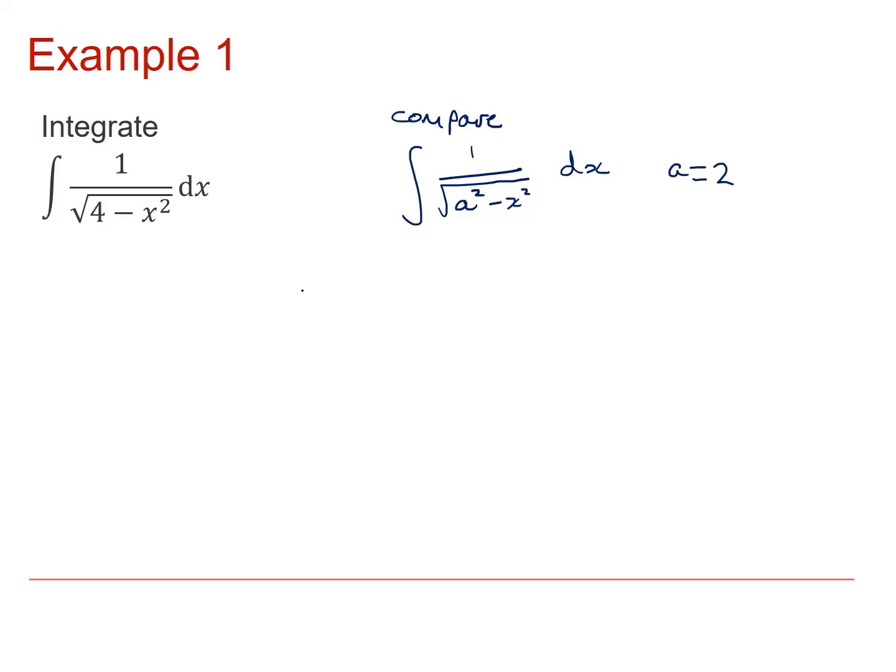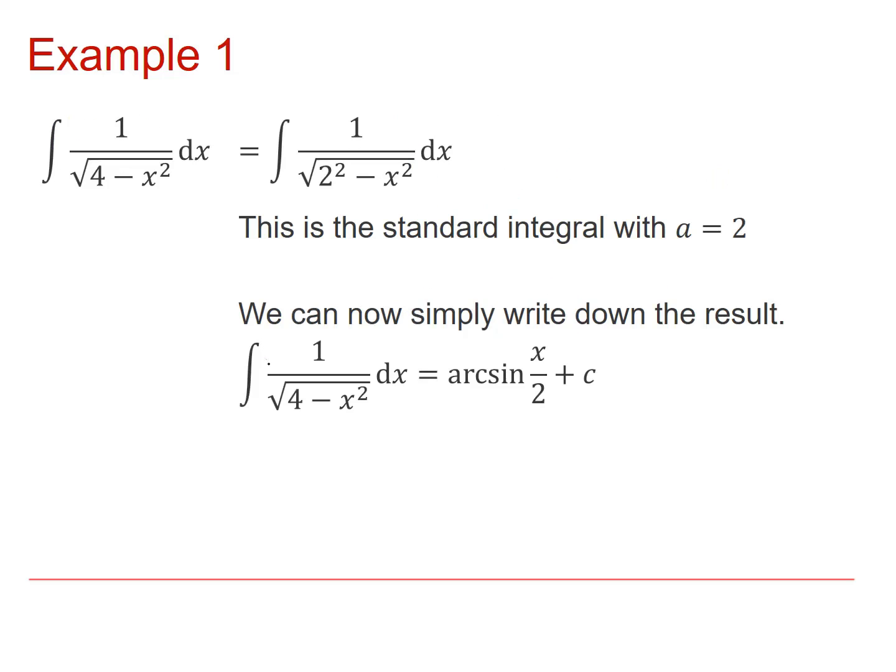And that means I can just write down the result that this is arcsin x over a, which is 2, plus a constant. And there's the answer written out for you again so you can read it more easily.